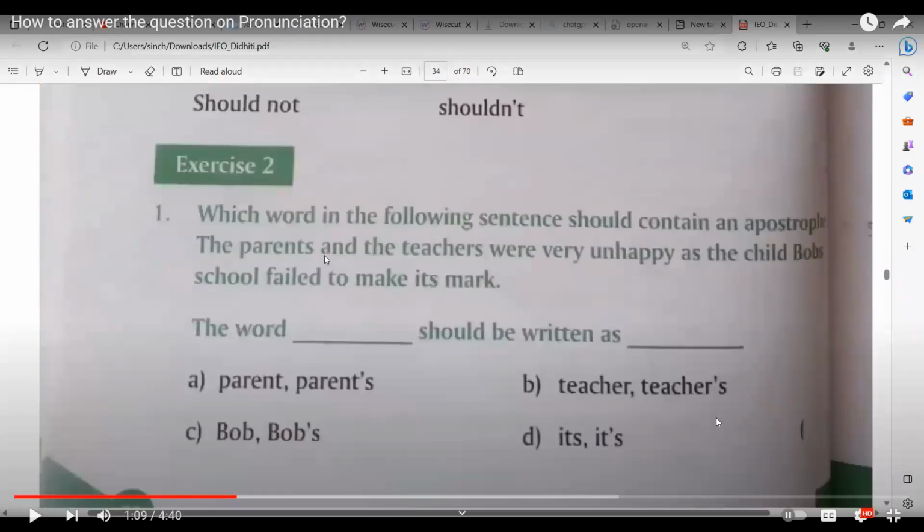Okay, now read this one. The first one, Tuhin, read it and tell me the answer.